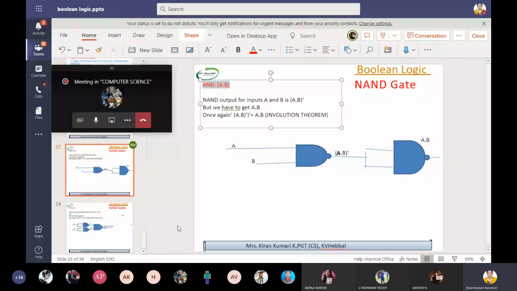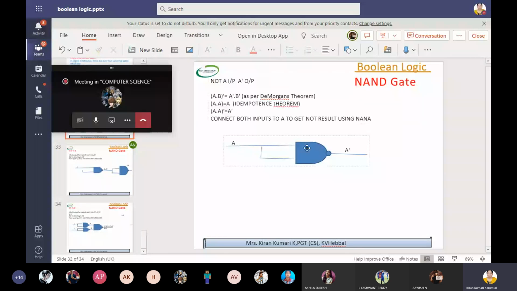And then the above one is NOT implementation. NOT के लिए so आप कैसे भी wires को join करना है. So these lines are to indicate wires बेटा. ठीक है? So you make proper lines. We have done using NAND alone. So that is the reason this NAND gate is known as universal gate.